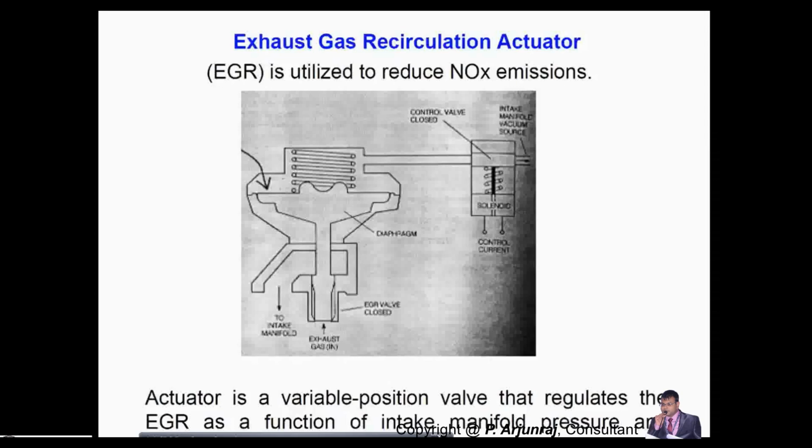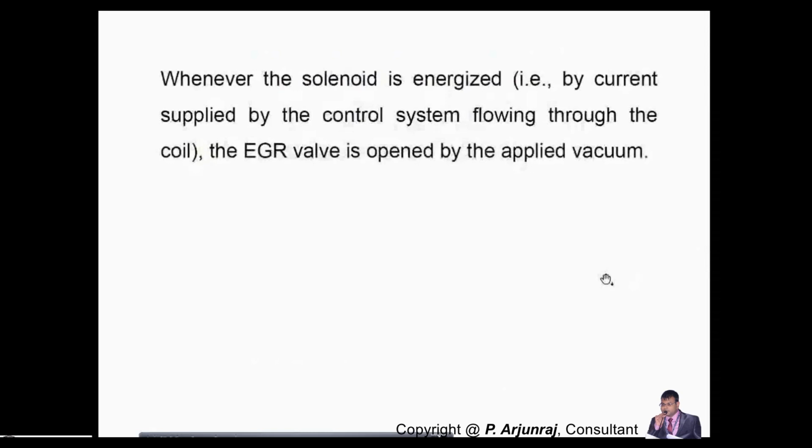Again, it actuates, and accordingly it functions to give you the output. Here it works on the solenoid-based actuator principle. Here the solenoid is getting energized, thereby the current supplied by the control system flows through the coil, and then the EGR is getting opened by applying the vacuum.